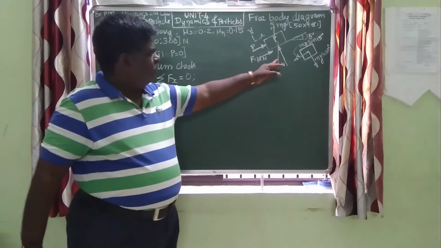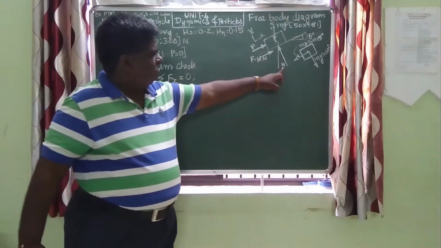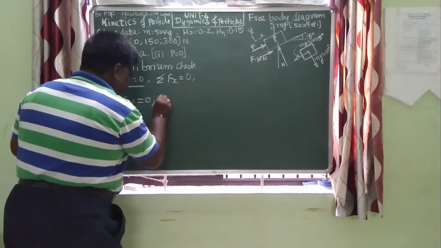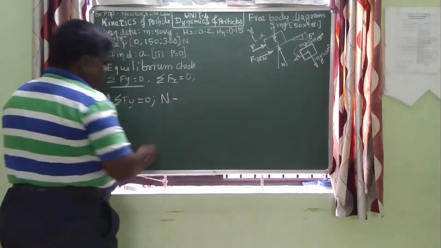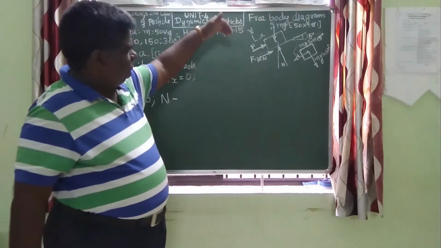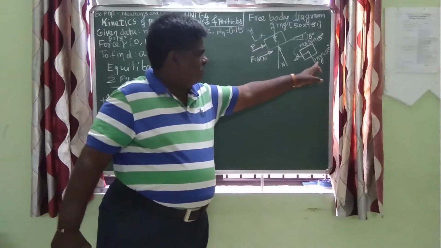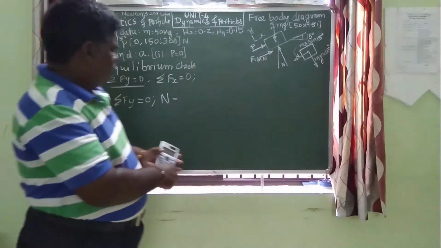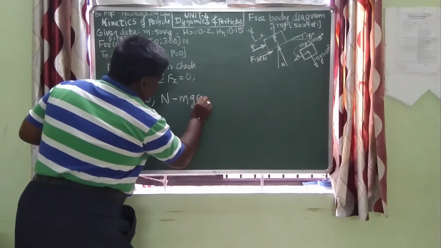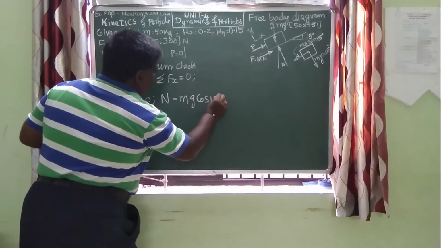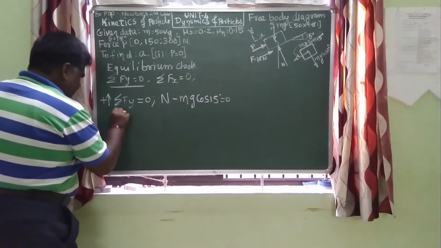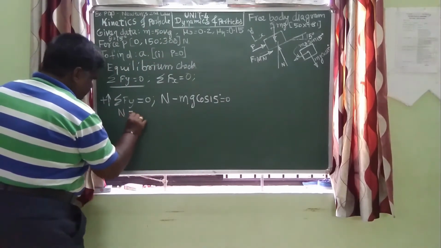What are the forces acting in y direction? One is the reaction force acting upward, that is N. Then another force, due to the weight of the block, is in the downward direction, that is mg cos 15 degree, equal to 0. From that we can calculate the reaction force.